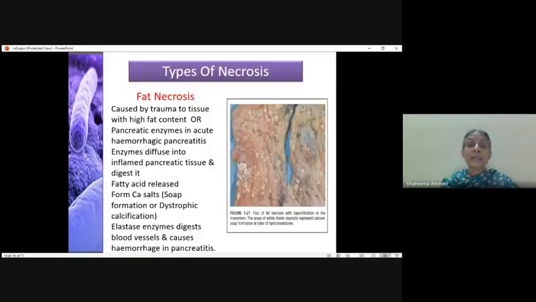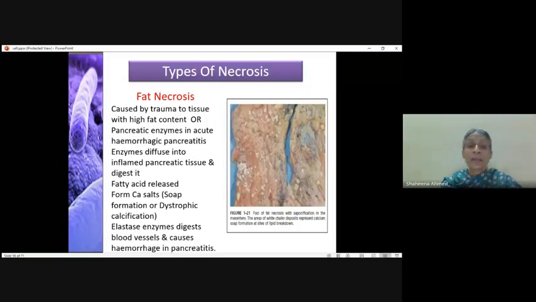Fat necrosis, this is caused by trauma to tissues which have a high fat content, or due to pancreatic enzymes. Now, fat necrosis technically can be traumatic or enzymatic. If there is trauma to the fat cells, then that is of the traumatic variety.